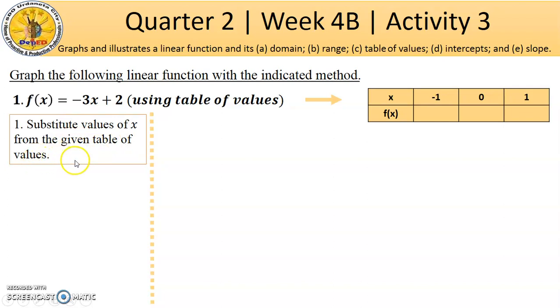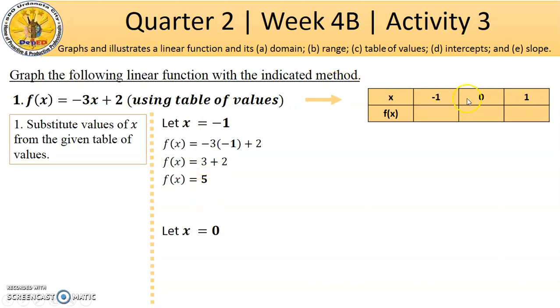For step number 1, substitute values of x from the given table of values. Since the first value of x is -1, we have -3 times -1 plus 2. We just substitute -1 to x. Next, we simplify the operation. -3 times -1 is +3. +3 plus 2 is +5. Next, the second value for x is 0.